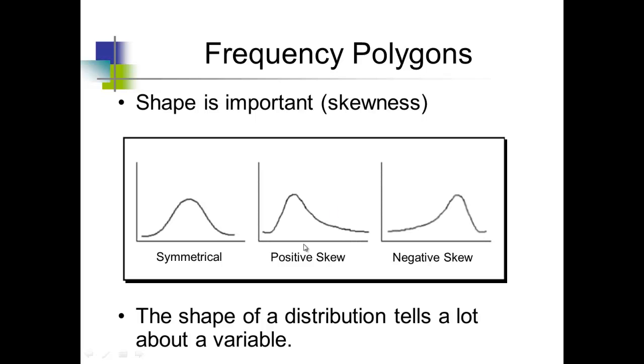For cases with a positive skew, these are distributions where there are more observations above the mean than below. And for the negative skew polygons, it's the opposite: there are more observations below the mean than above.